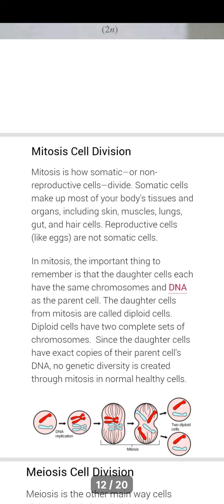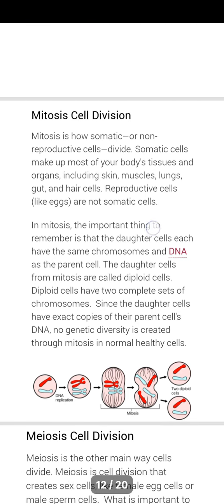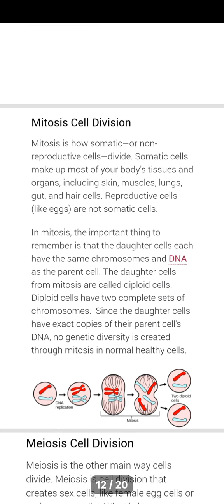So there will be no change; the parents' characteristics just go to the offspring. Since this occurs in body cells, it provides growth, repair and replacement for the body. So this is mitosis. I hope this is clear to you.